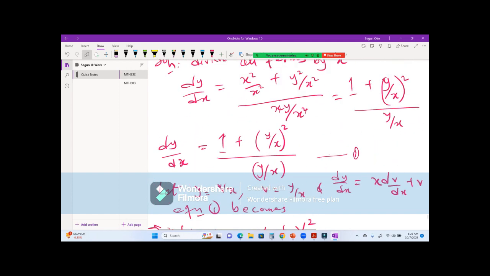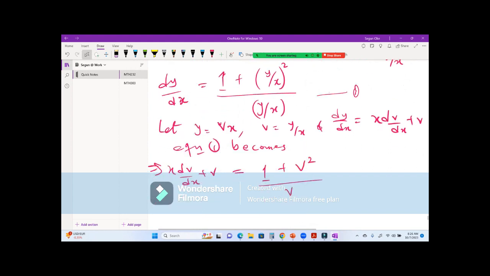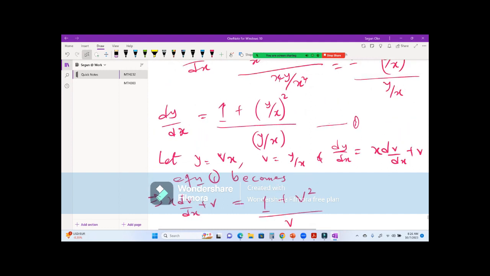Okay, look at this. You know equation 1. What is your equation 1? Can you see equation 1, please? 1 plus (y over x) all squared over y over x.